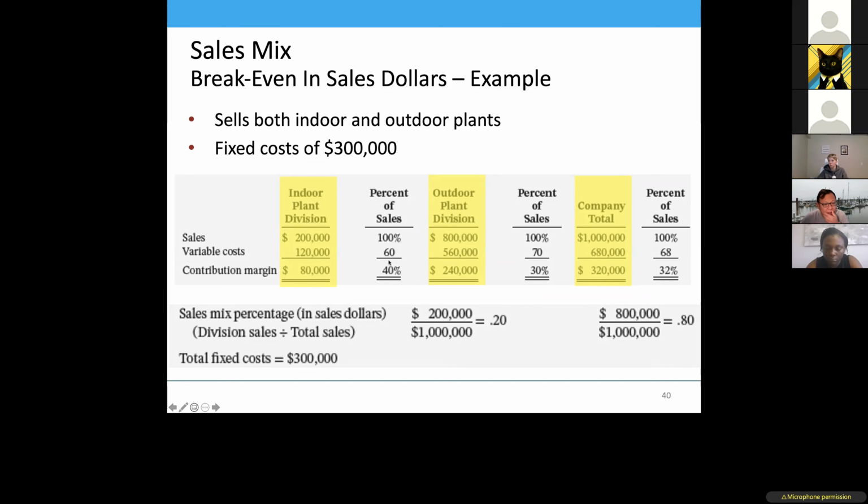The contribution margin is 40% for the indoor plant division. For the outdoor plant division, you can see all these numbers, and the contribution margin ratio is 30%. And this number is the total.